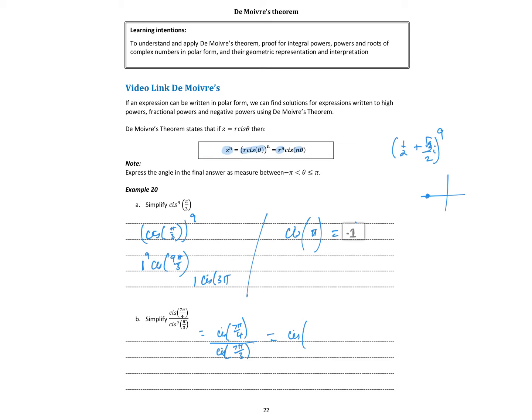It's 3 and 4 is 12, so 7 pi on 4 is 21 pi on 12, subtract 7 pi on 3, which is 28 pi on 12. So I get cis negative 7 pi on 12, and negative 7 pi on 12 is in the domain that we're interested in, and so that's fine.